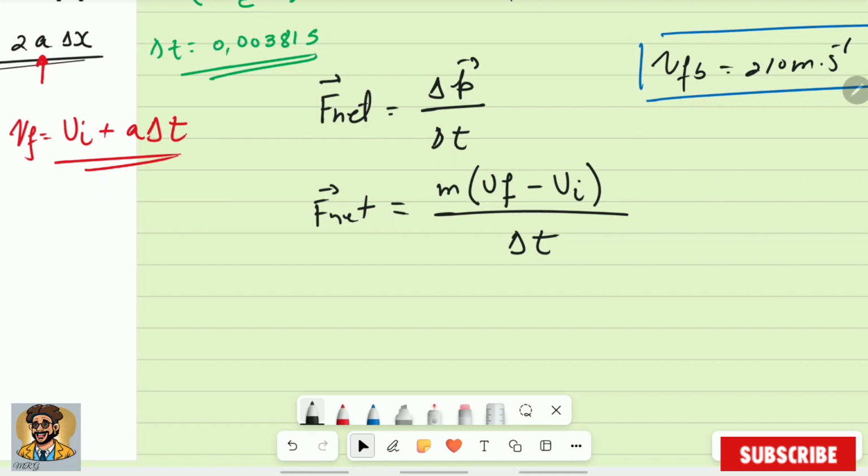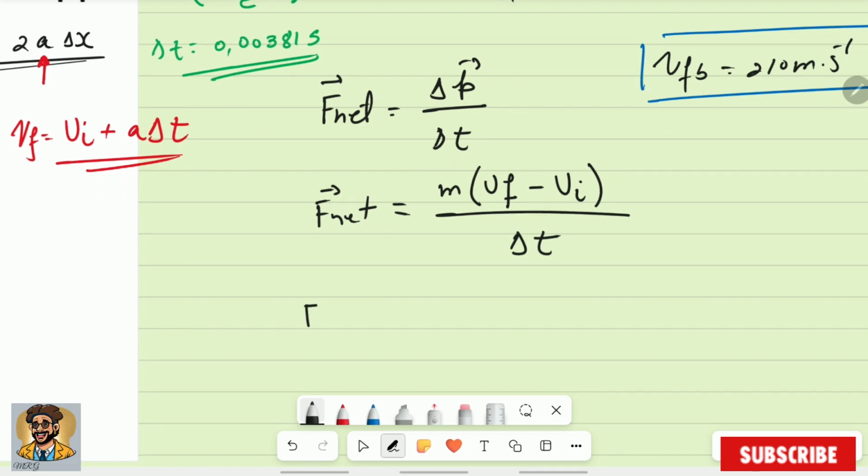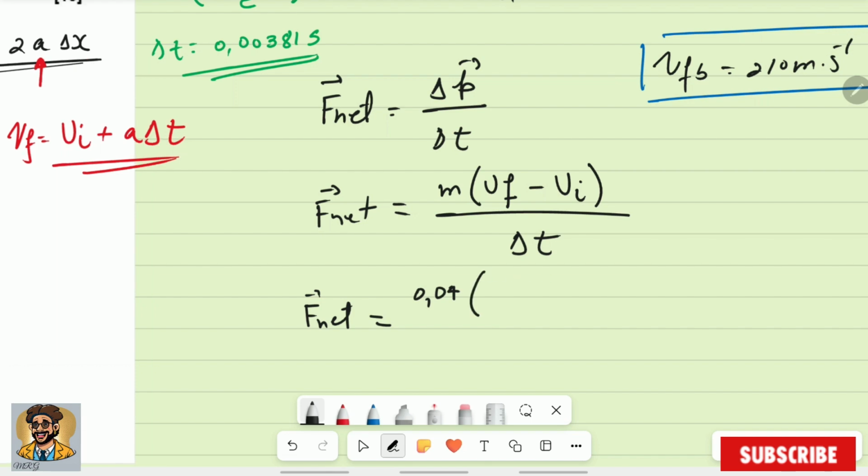So, what was the force acting on the bullet? Let's see. F net is equal to mass of the bullet, 0,04. Is that correct? 0,04, wasn't it? Okay, sorry, 0,02. Final velocity of the bullet is 0. It stops inside the block.